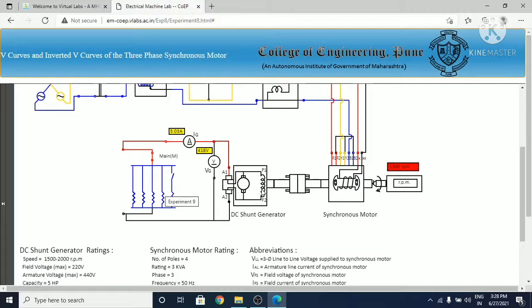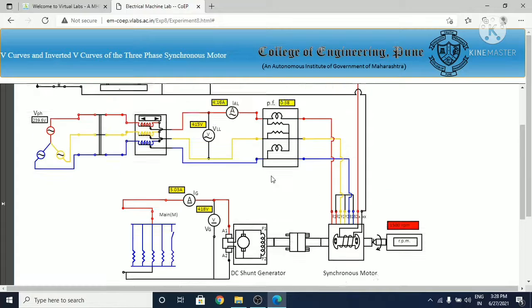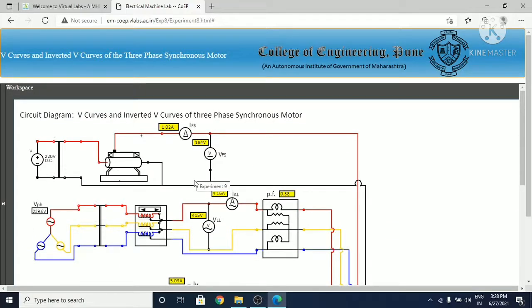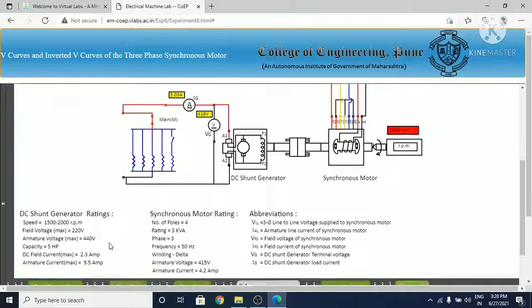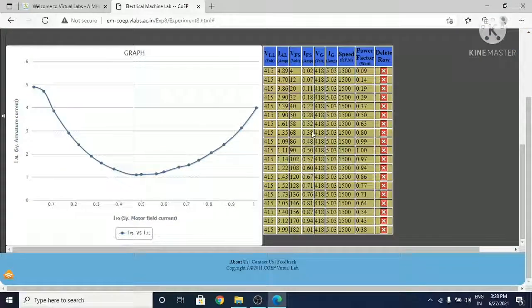As I mentioned before, the DC shunt generator is used to drive the electrical load, and other things remain the same. The procedure which I followed in the no load condition is also the same for the load condition.